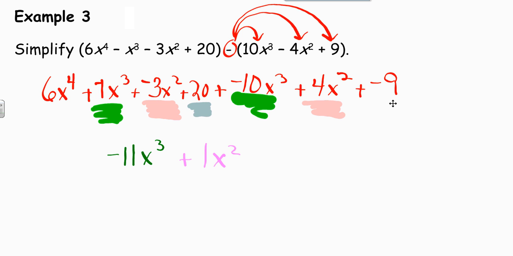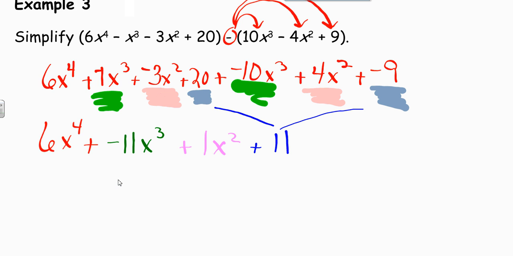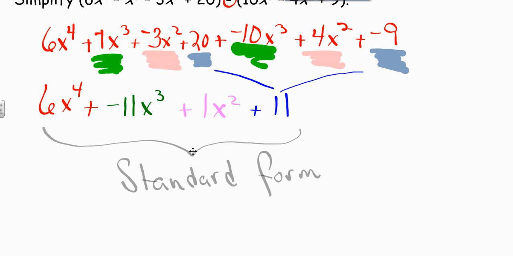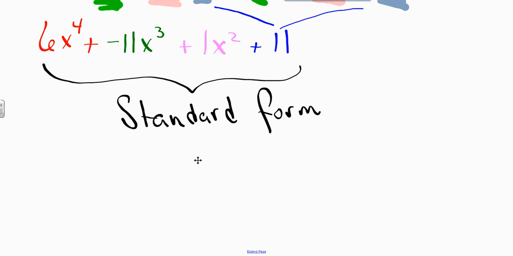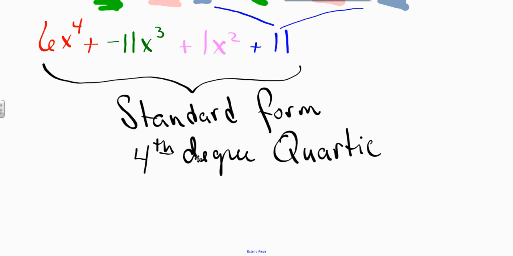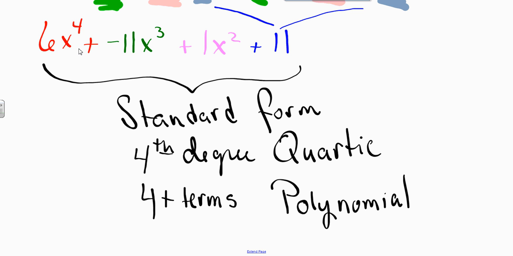We have 20 plus negative 9, which gives me 11, and I didn't have anything to do with this 6x to the 4th power, so it just comes on down. If you notice, I have this written in standard form, which means it's a 4th degree quartic, and I have 4 terms, so this means it's a polynomial.